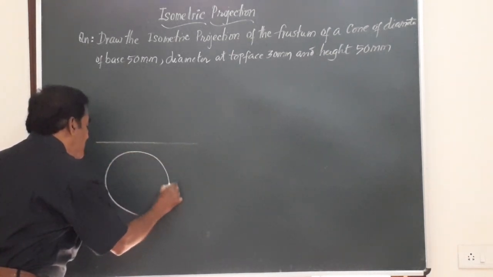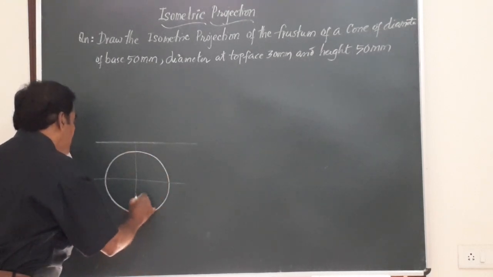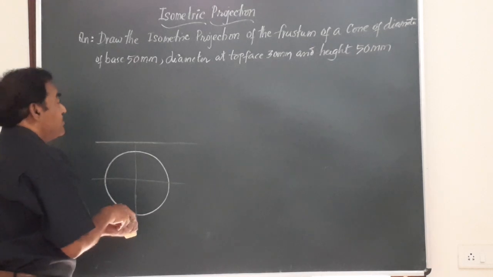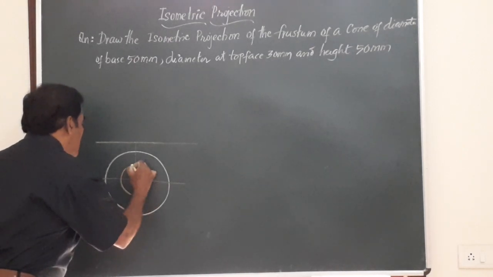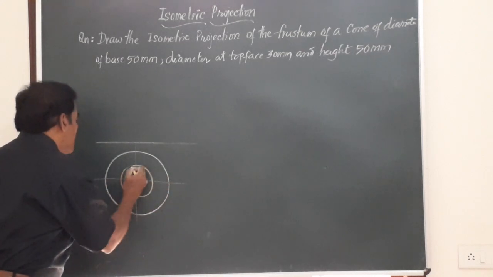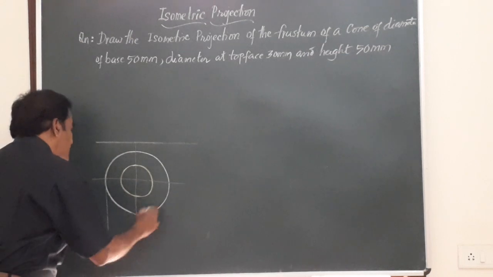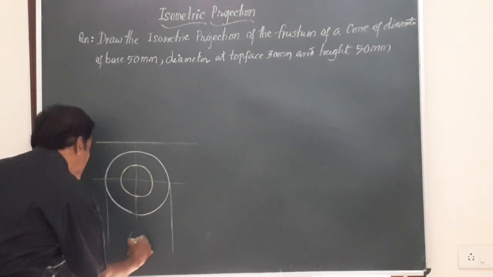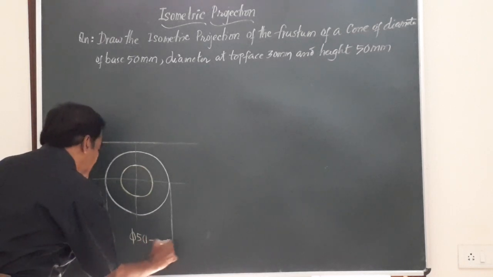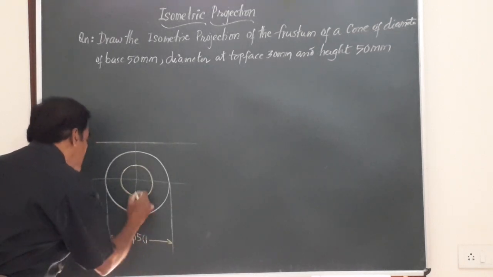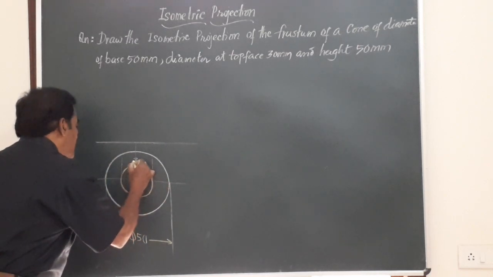So, let me draw the top and front views of the frustum of the cone with the given dimensions. I told you it is going to be two concentric circles. This is one circle for the larger diameter, and another circle having diameter equal to 30 mm. So, I will write here, this is diameter 50, and the next one is having diameter equal to 30 mm.